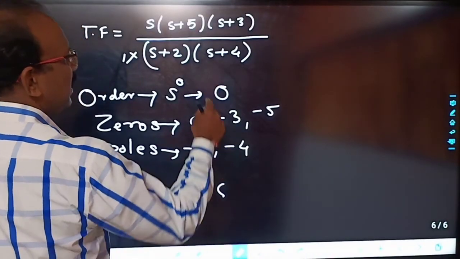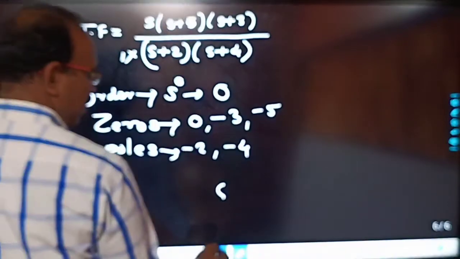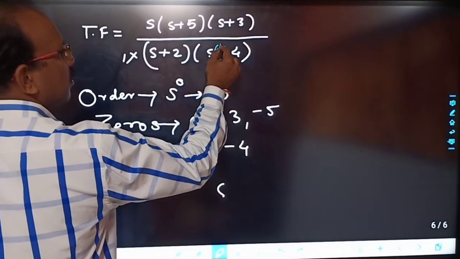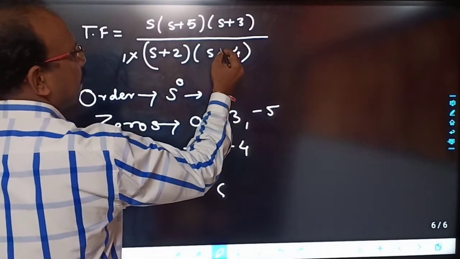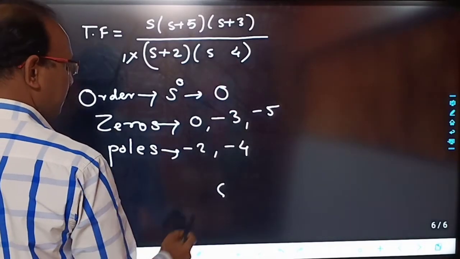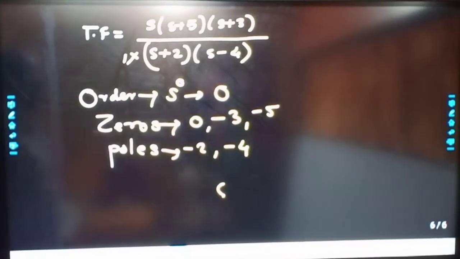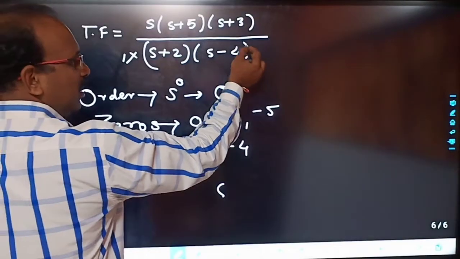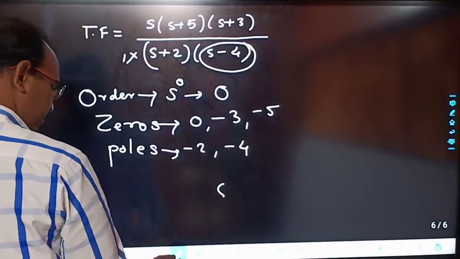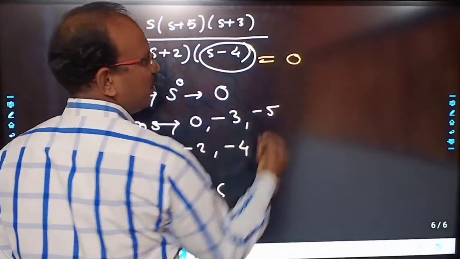What if I make it like this? Here I say minus, okay, then what will happen? This particular term I make equal to 0.